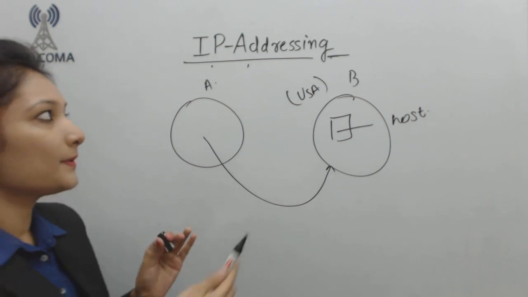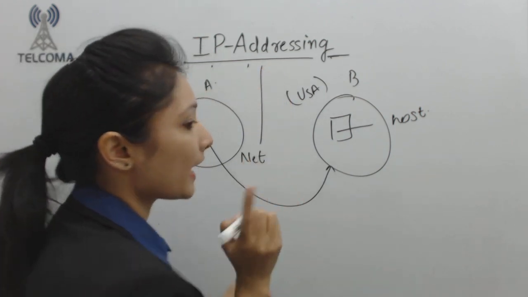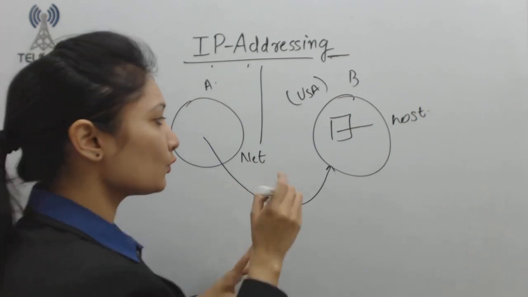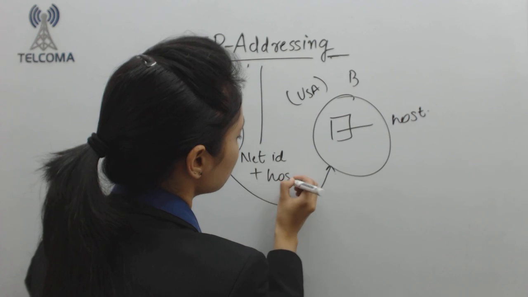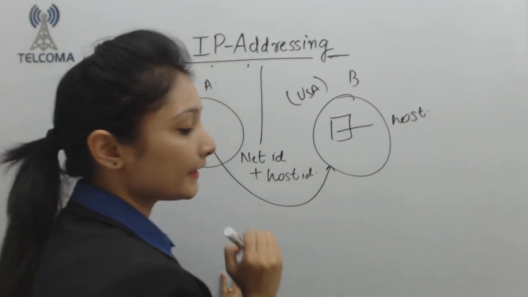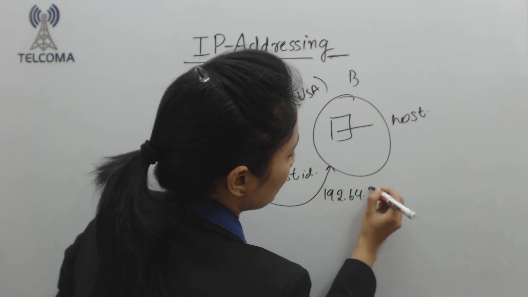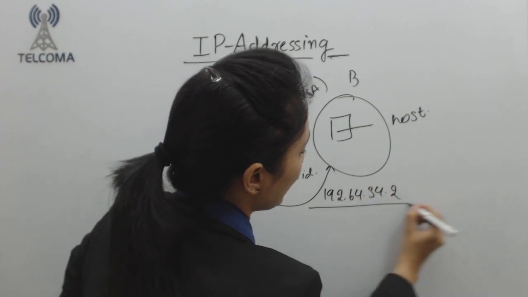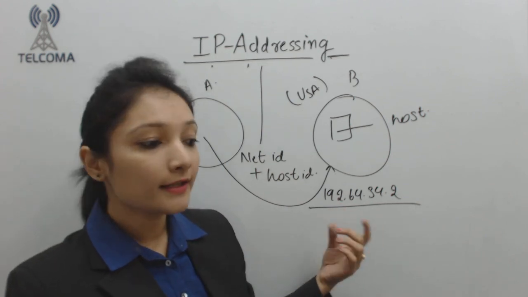So your IP address is divided into two parts: the network ID and the host ID. If this is your address, it is divided into these two parts: network ID and host ID.